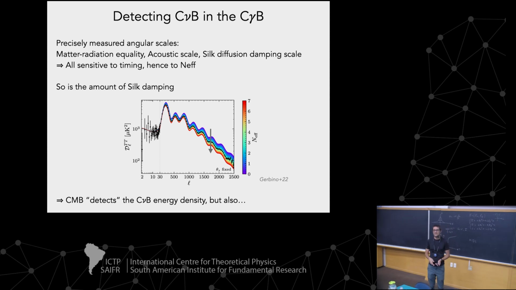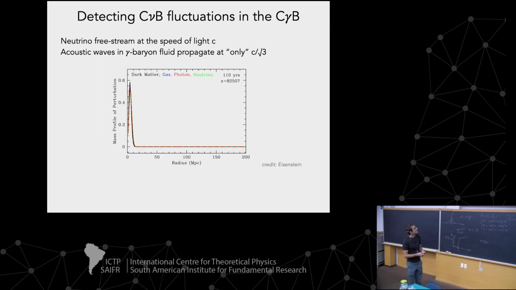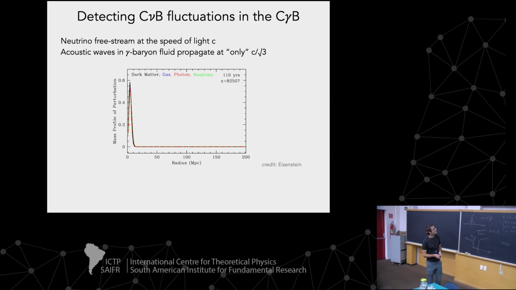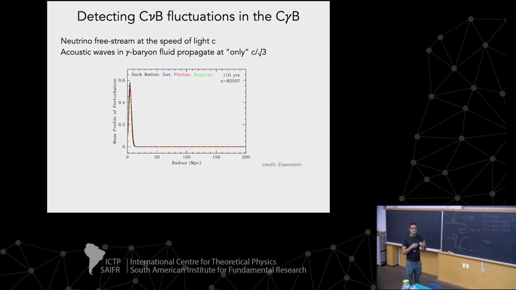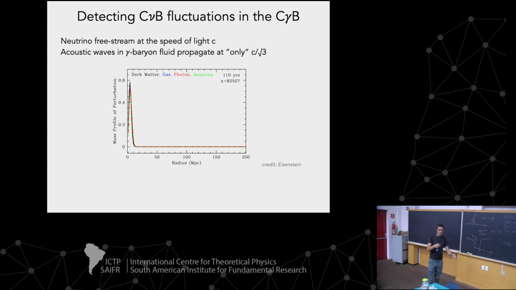It doesn't just detect that there's a mean neutrino background. It actually detects that this neutrino background has fluctuations. And so I'm going to show you again the same animation I showed you a few lectures ago that was trying to illustrate the baryonic acoustic oscillation. Before, we focused on the dark matter, whose potential basically just kept growing over time.